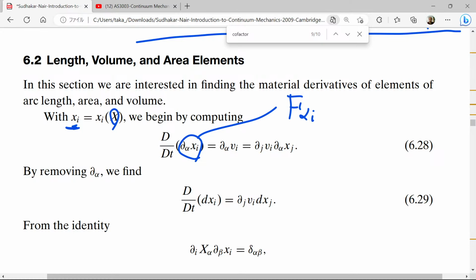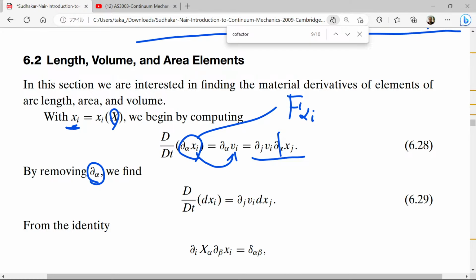Then we end up taking a derivative on xi. So we have this result, right? Then I don't get this idea yet much. We remove partial alpha. It's kind of strange.